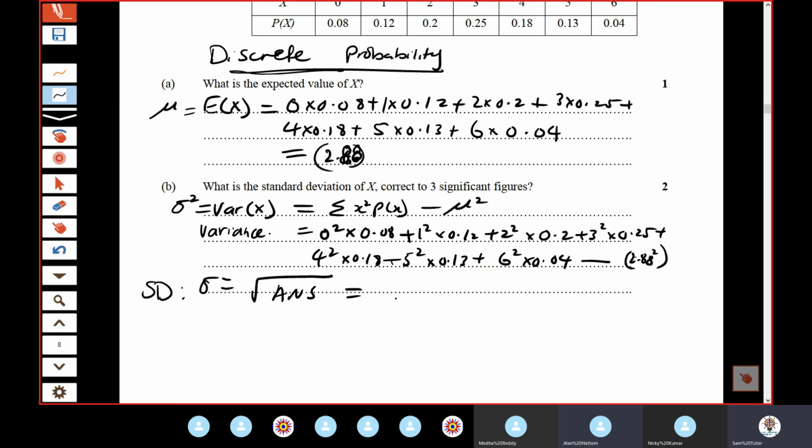If you square them, you get 0.5056. I just squared all of them. Oh, you mean this bit here? Yep, 0.5056.